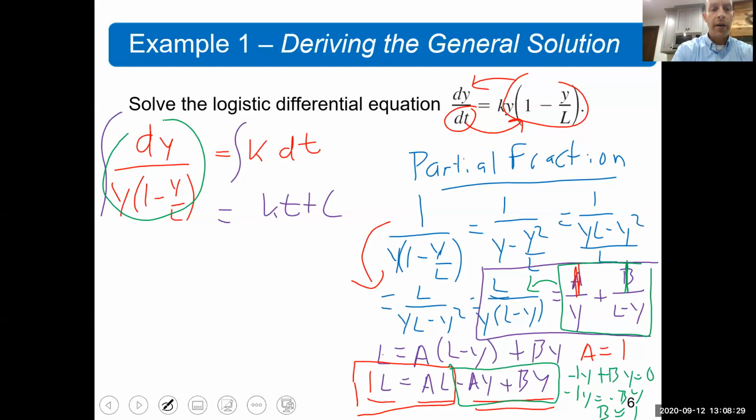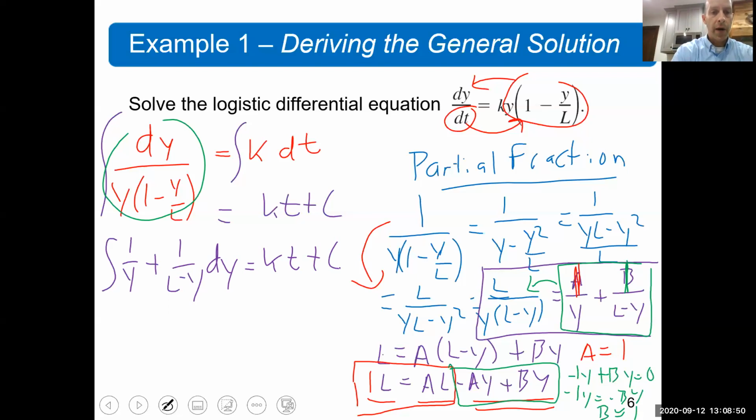So now I can rewrite this side over here as the integral of 1 over y plus 1 over L minus y dy equals kt plus c. I've already integrated the right-hand side.